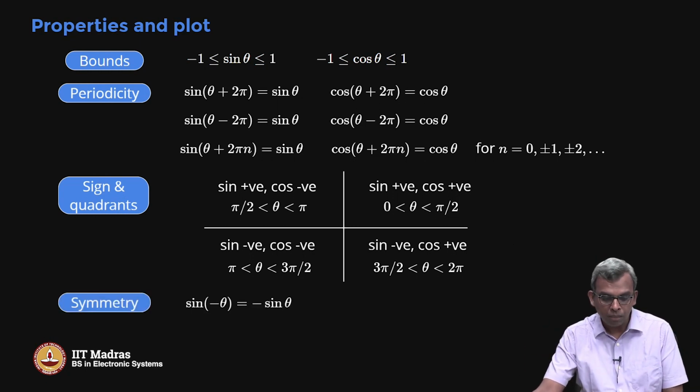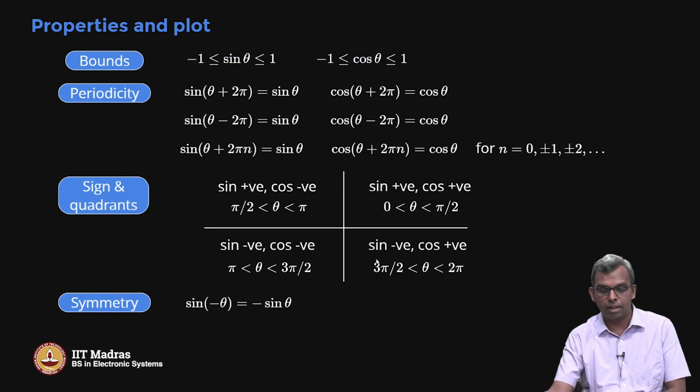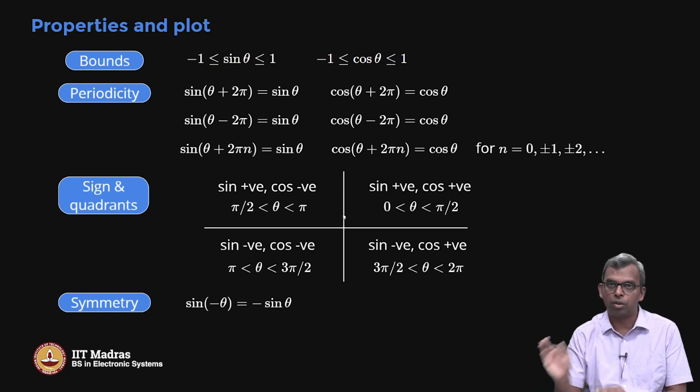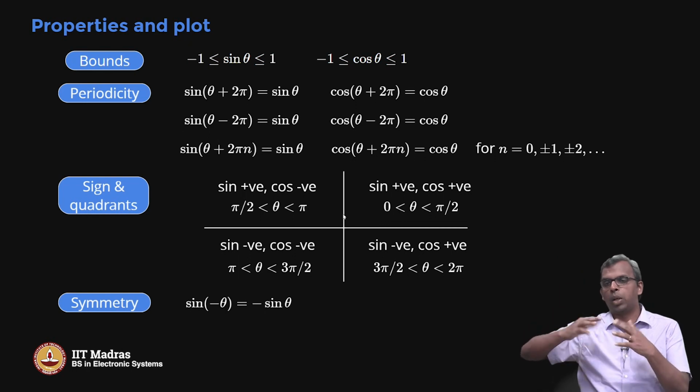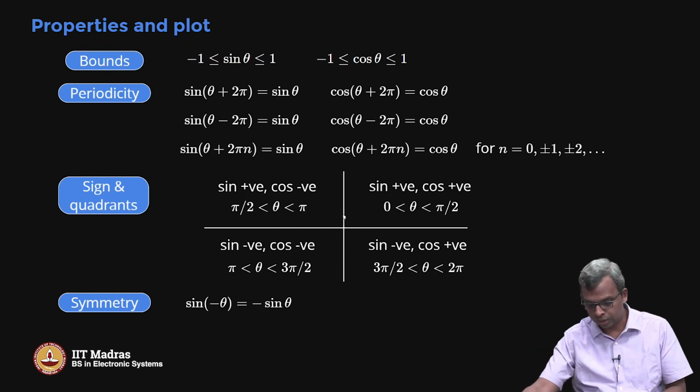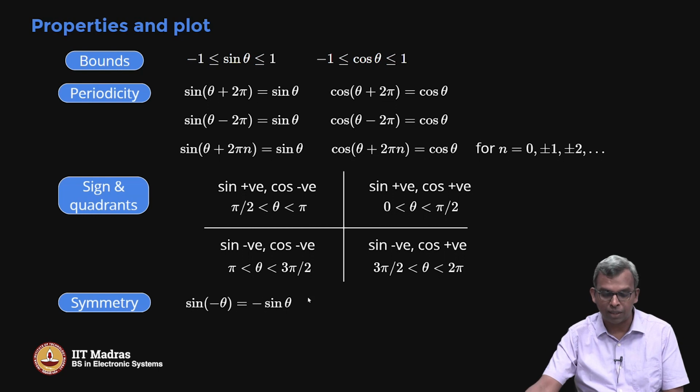So this also gives you a symmetry. If you are at theta, if you do minus theta, you go to the other side, you see that sine will go negative. If you do minus, y goes negative with the same theta. So the absolute value of sine will not change, but the sign will go negative. The positive value will go to a negative value.